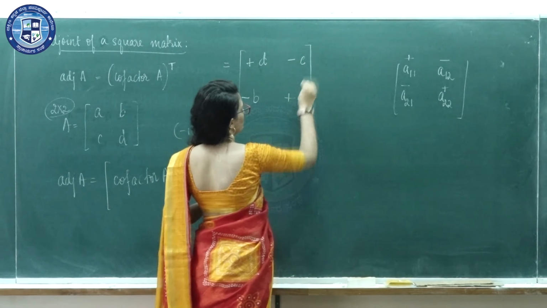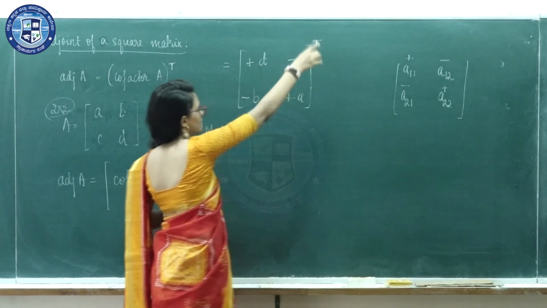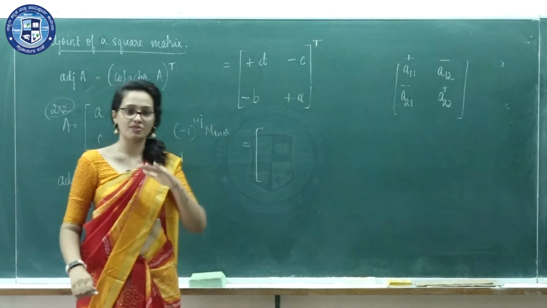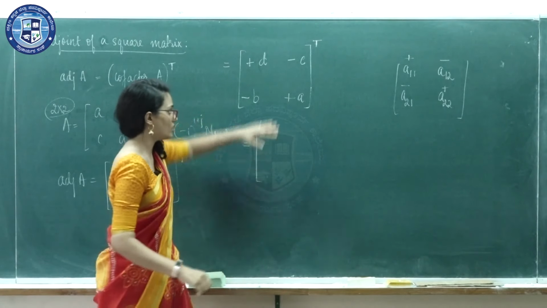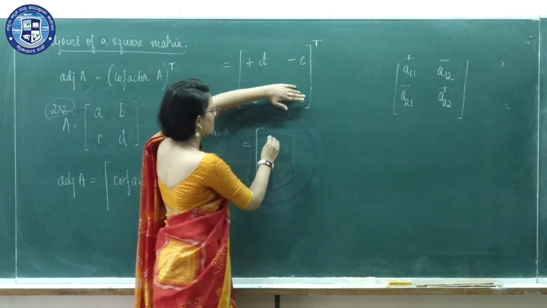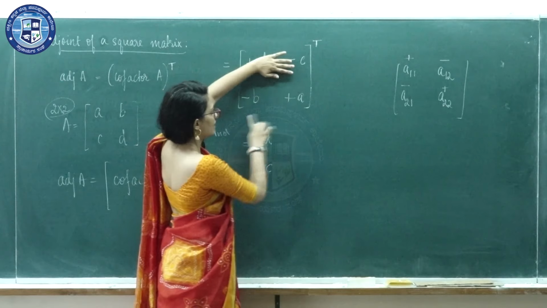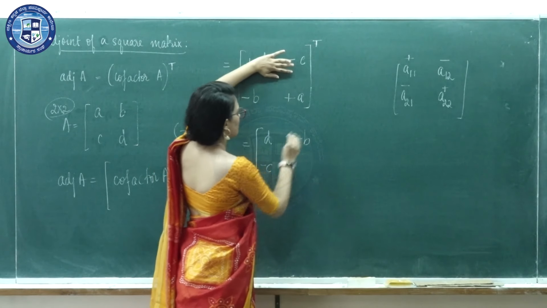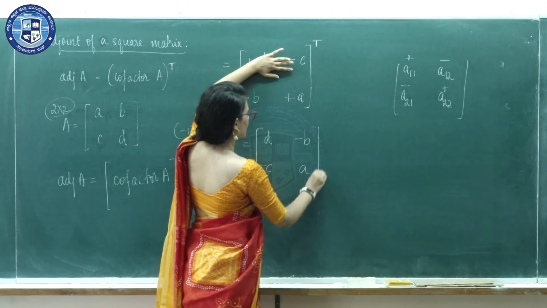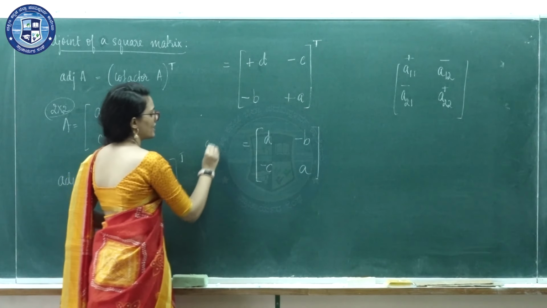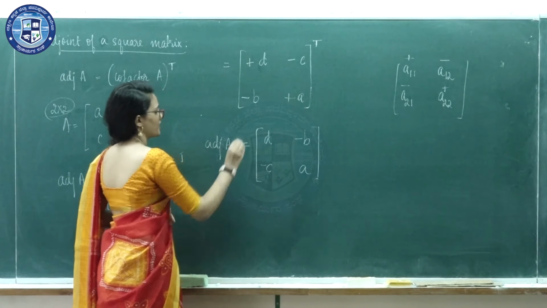So this is the cofactor matrix and we are taking the transpose of it. And what is the meaning of transpose? We are making the rows into the columns. So the first row becomes the first column, so D, minus C. The second row becomes the second column, minus B, plus A. Now this value is adjoint of A, correct?